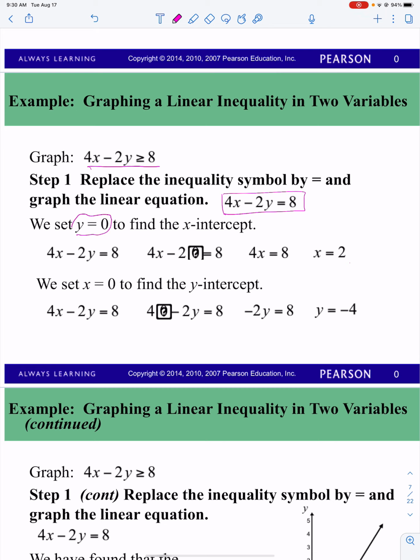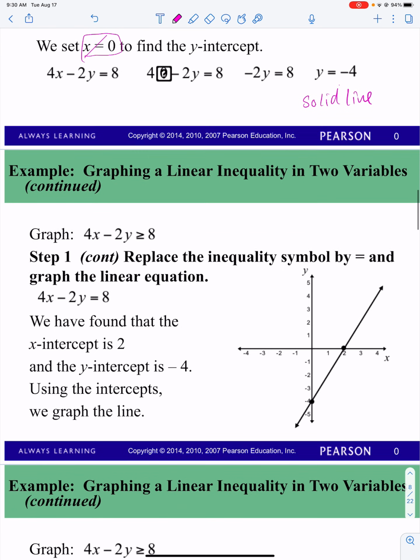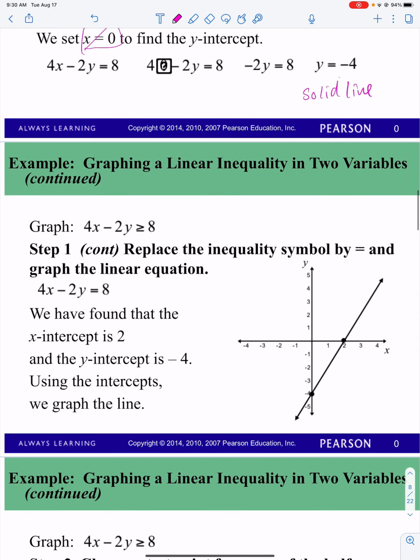X-intercept means y equals 0, y-intercept means x equals 0. So you get x equal to 2, y equal to negative 4. Because here it is bigger than or equal to, what kind of line should we have? A solid line.